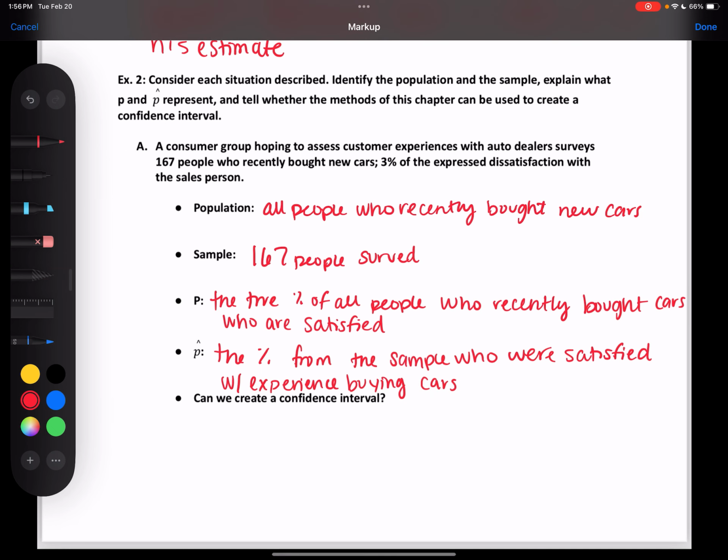So we want to determine now, can we create a confidence interval? We need to check our conditions. Is this independent? Yes, each person's experience is independent of the next. Is it random?